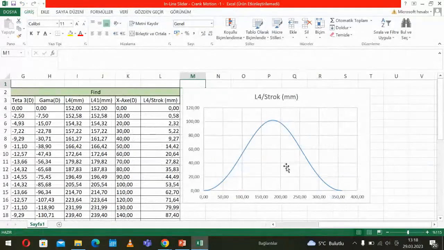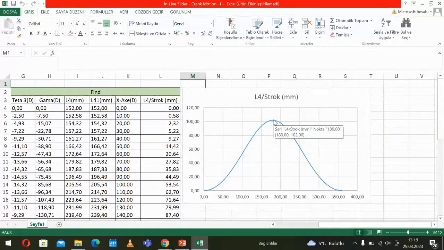The stroke changing with the driving angle, and this is a very interesting curve actually. If the driving angle is 0 and the displacement is also 0, it starts from the limiting position, and then goes forward and arrives at its final position.